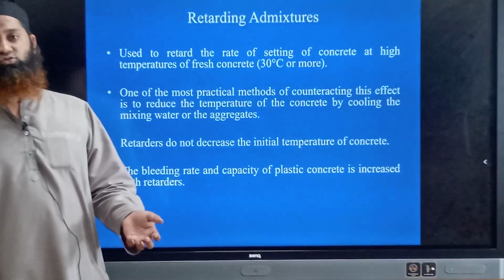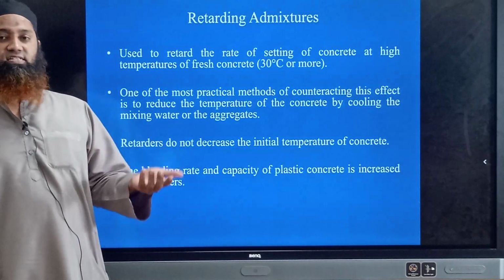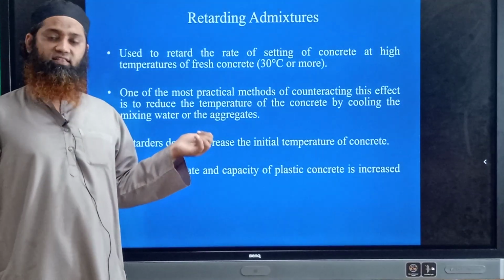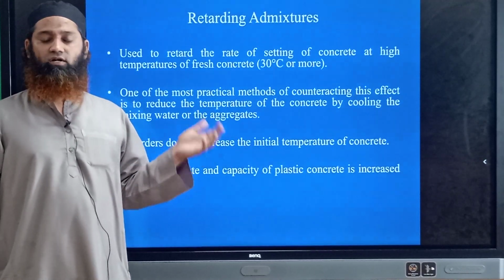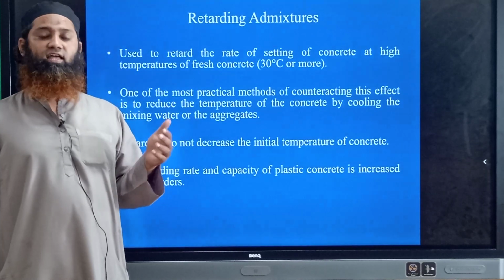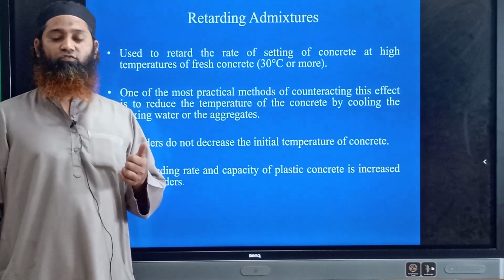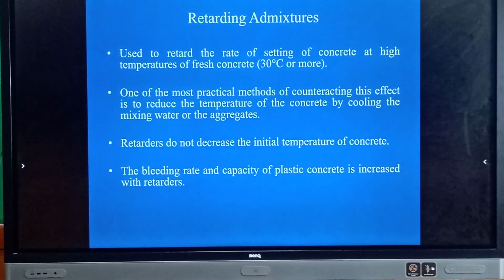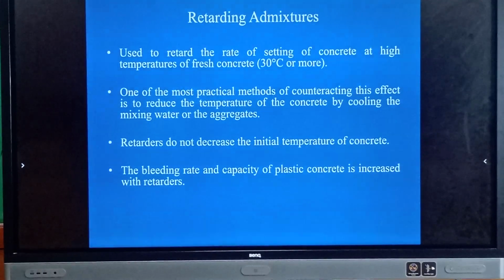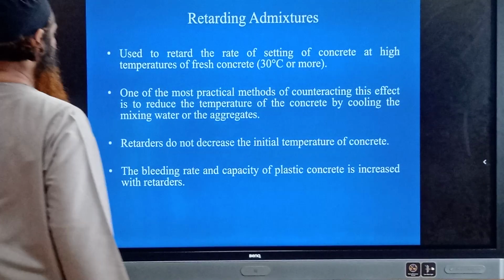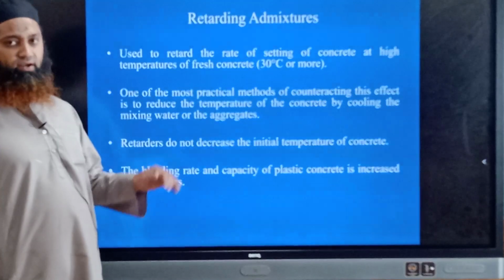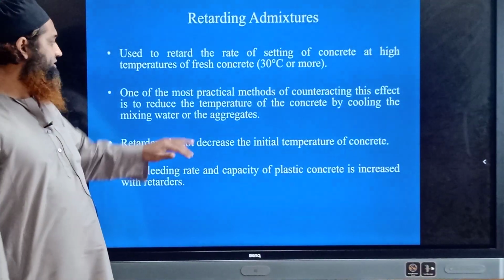Under those conditions, if this retarding admixture is not mixed, then there are high chances of the water getting evaporated, and thereby the desired strength of concrete will not be achieved. So this is how the retarding admixtures slow down the setting of the concrete, they reduce the temperature of the concrete, and this is how they do it.